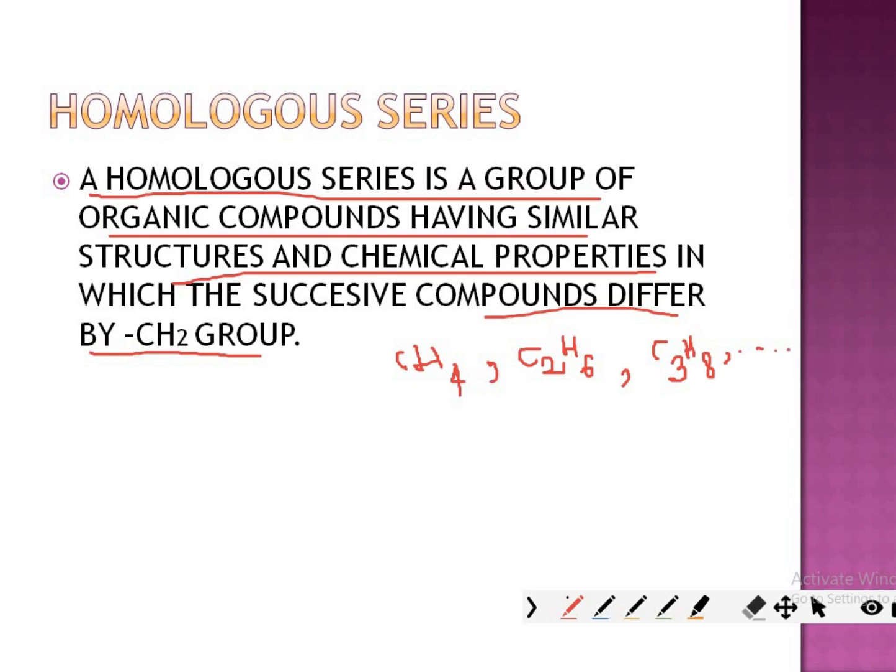Similarly for ethene, it is C2H4, right? If I add CH2, what will it be? 1 carbon and 2 hydrogens added, C3H6. Again 1 carbon and 2 hydrogens added, C4H8. It will move on.